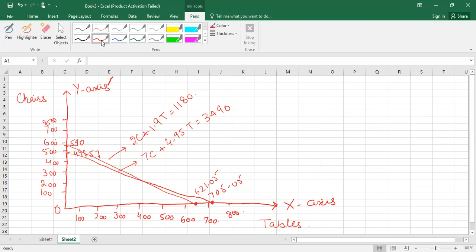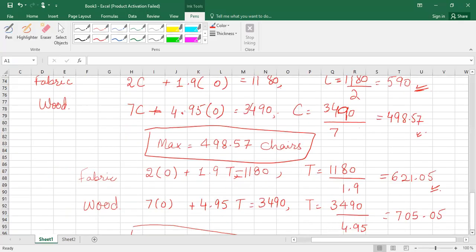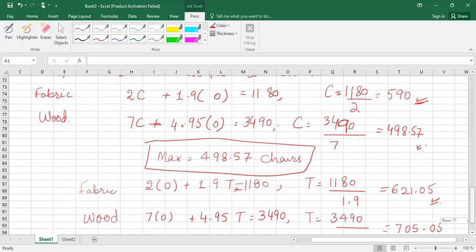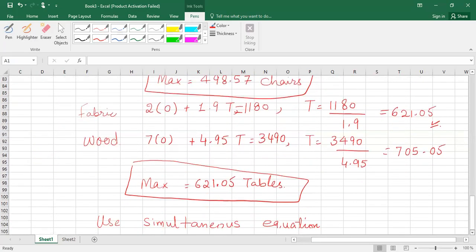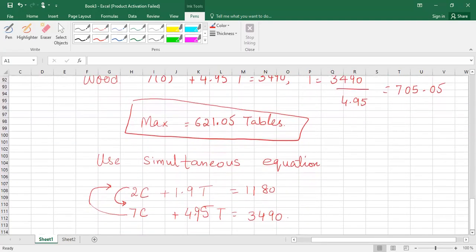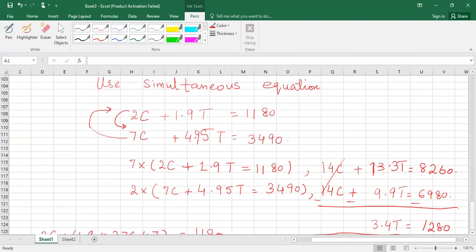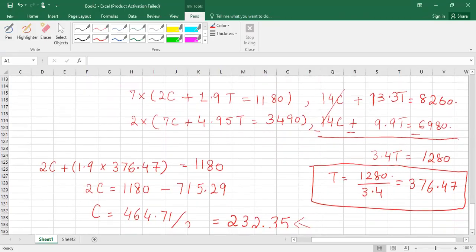Now we will draw another line which is the units of the simultaneous equation. And we have how many units of the simultaneous equation? We have 376.47 tables and 232.35 chairs.